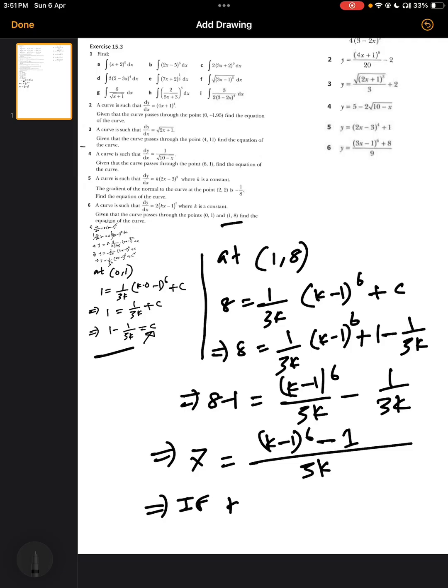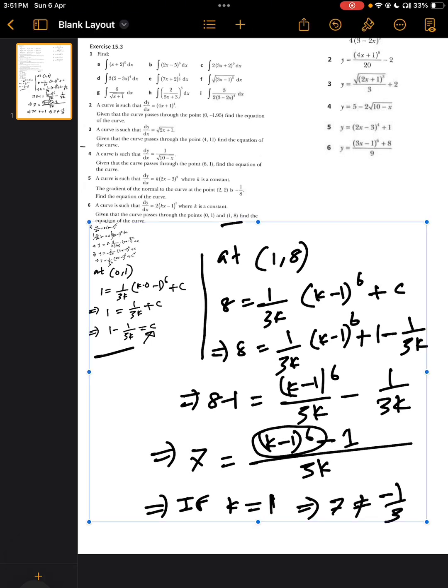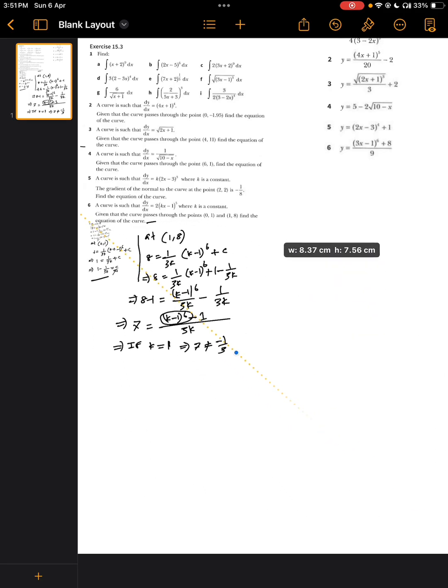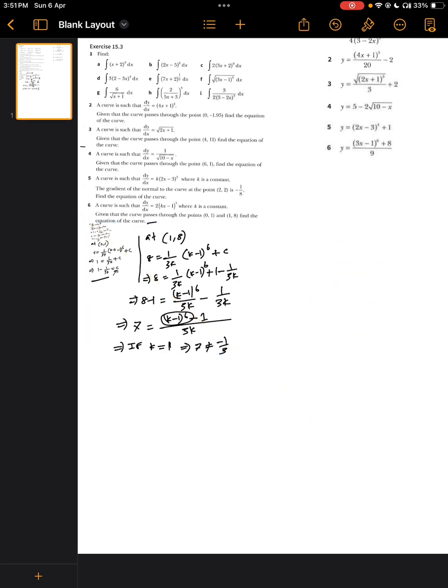If k is equal to 1, if I input 1 here, this term would be 0 and it would become negative 1, and in the denominator that would become 3, then 7 is not equal to minus 1 by 3. So we have to use some other values of k.